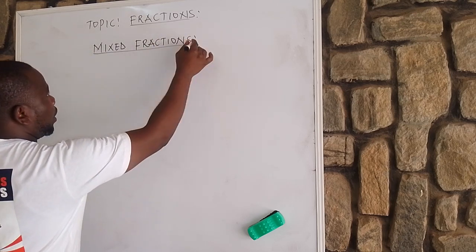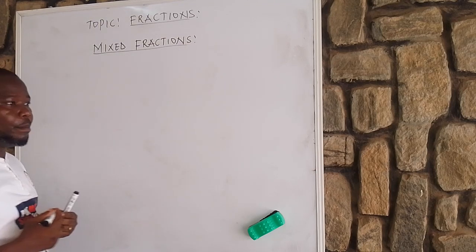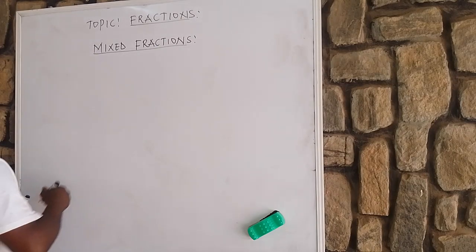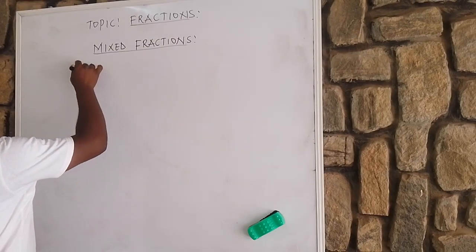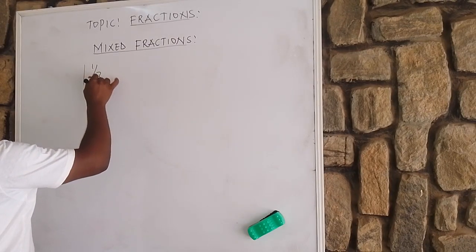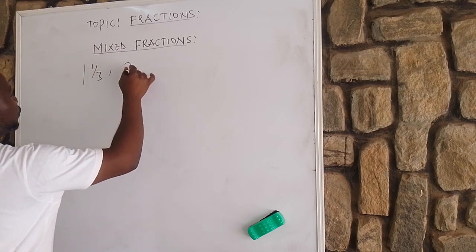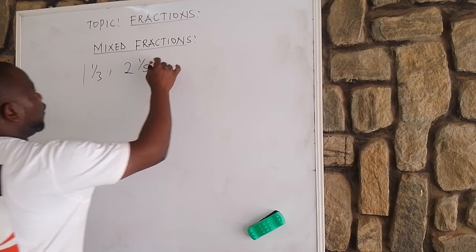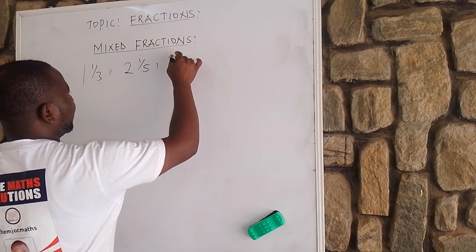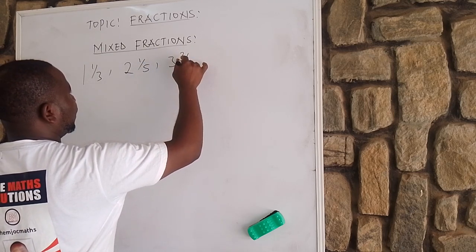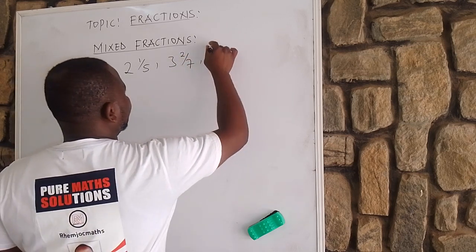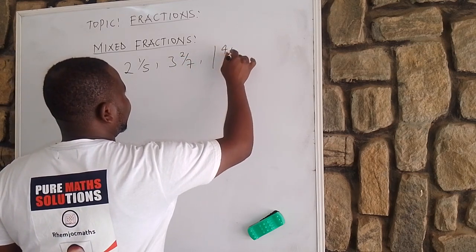When we say mixed fractions, they are of this form. It is either 1 whole number 1 all over 3, or 2 whole number 1 all over 5, or 3 whole number 2 all over 7, or 1 whole number 4 all over 5.